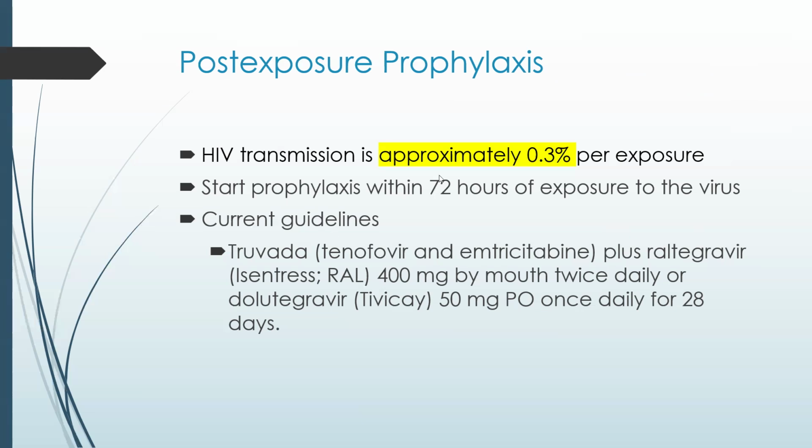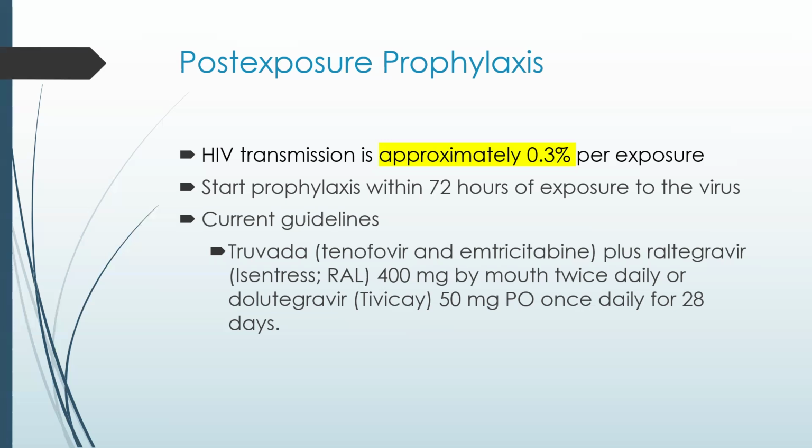If you do have a needle stick or an instrument poke, and the person can be verified to have HIV, you'd start prophylaxis within 72 hours. There are current guidelines for certain medications that you take for a certain amount of time. If you can have the person tested for HIV and it comes back negative, and you can do those tests very quickly, then nobody has to take any kind of medication.